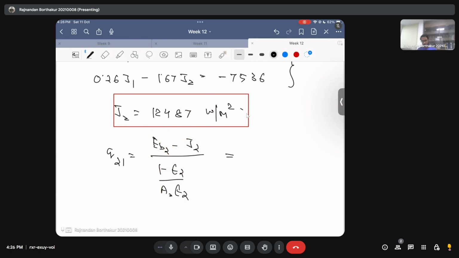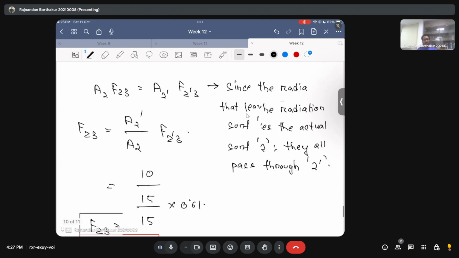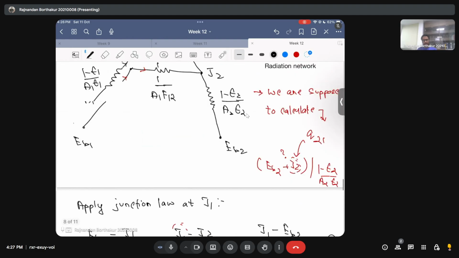If you substitute all the values, because all these quantities are known except J2, which we just calculated, your Q21 is just going to be, actually this is not Q21, this is going to be Q2 because there are multiple interactions taking place. Maybe we should write it just by Q2 itself. And this is going to be around minus 77.1 kilowatt, and this is the net heat transfer to the absorber. We are not writing Q21 because there is also the surface 3.